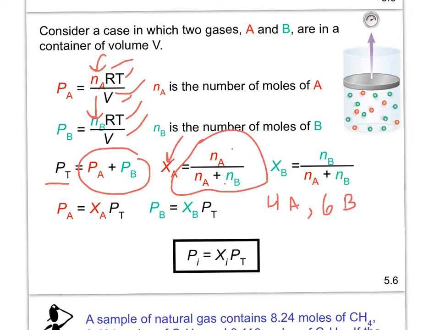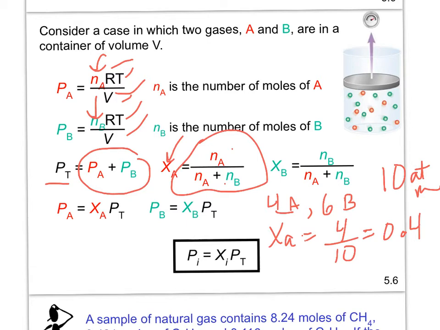You could plug A into PV = nRT, or if you were told, let's say, the total was 10 atmospheres, the mole fraction of A is A's moles, 4 over 10, and it's usually expressed not as a fraction but as a decimal, 0.4. So even though you set it up as a fraction, you typically express it as a decimal.